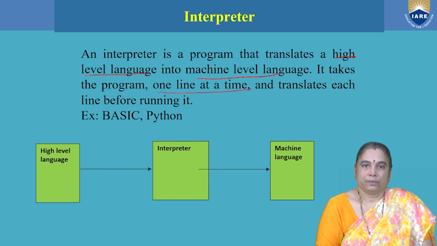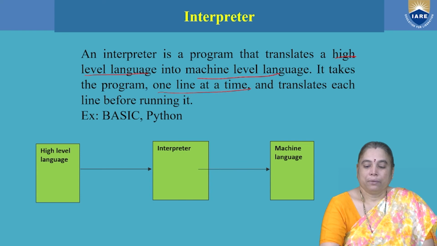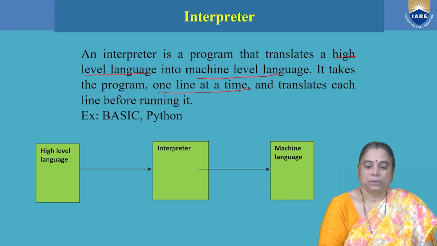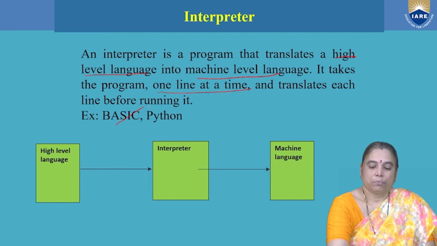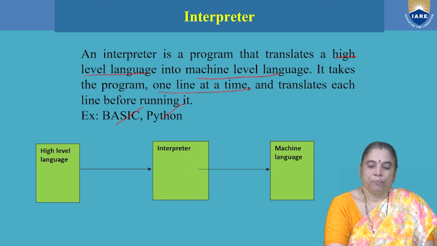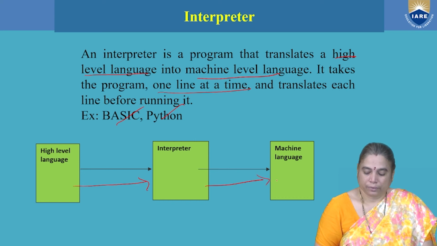If the error is corrected, then it can move to the next line of the code. So here the interpreter converts the high-level language code to the machine-level language code line by line. Examples: BASIC and Python are interpreters.